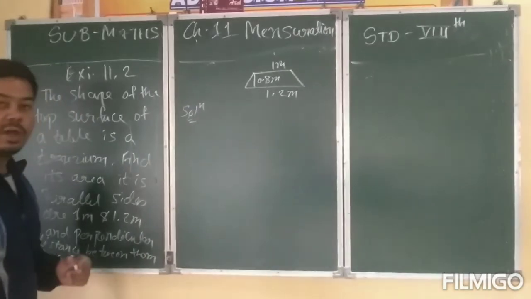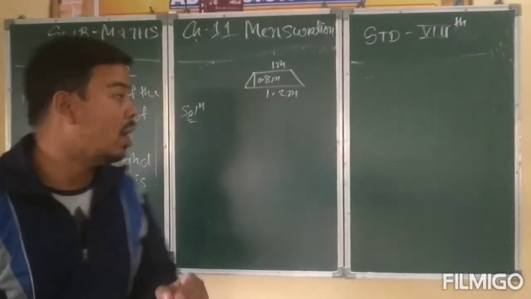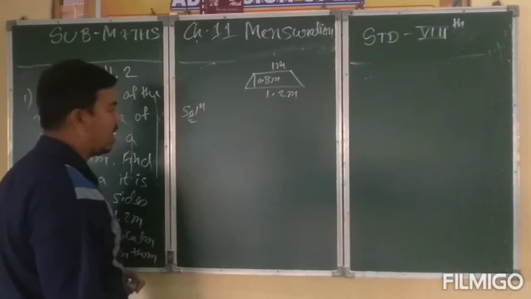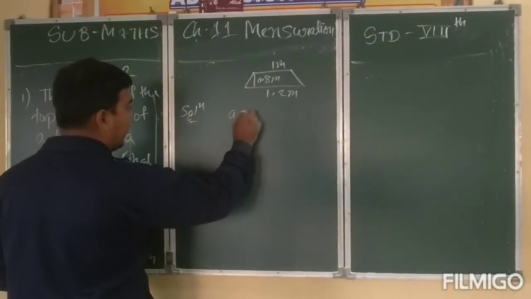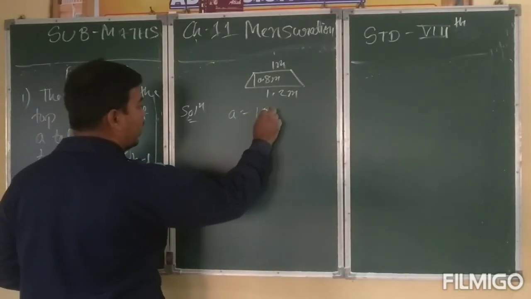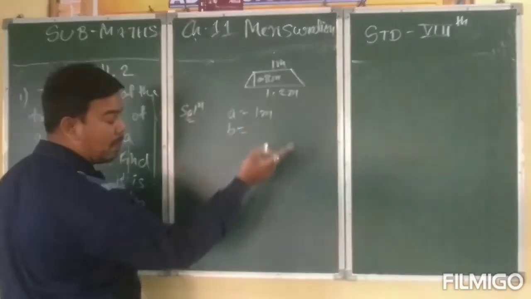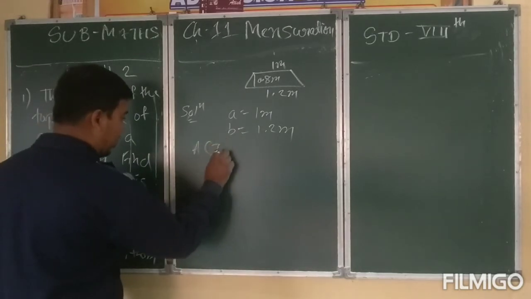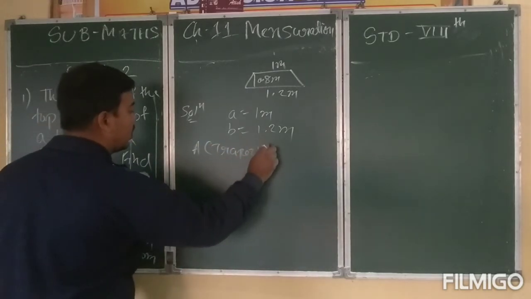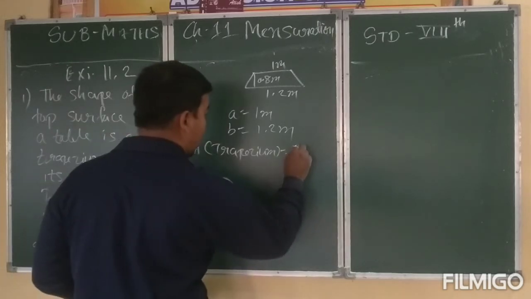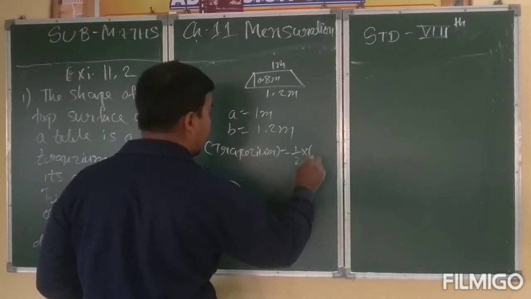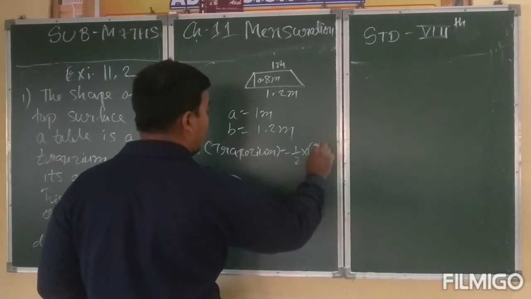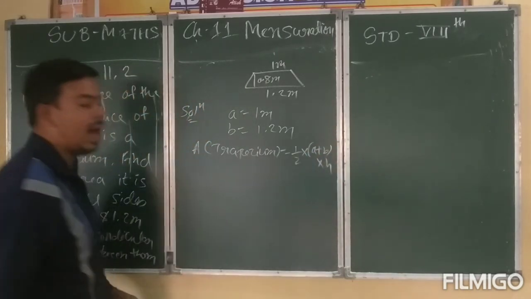So solving: the area of trapezium formula is half into sum of parallel sides into distance between the parallel sides. Side A, parallel side 1, is 1 meter. Side B, parallel side 2, is 1.2 meter. Area of trapezium is half into (A plus B) into height.